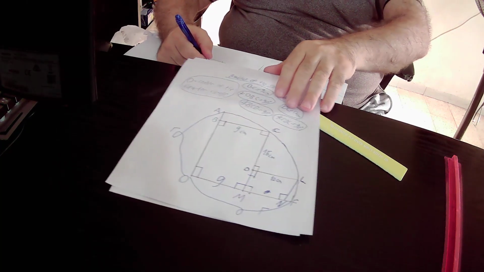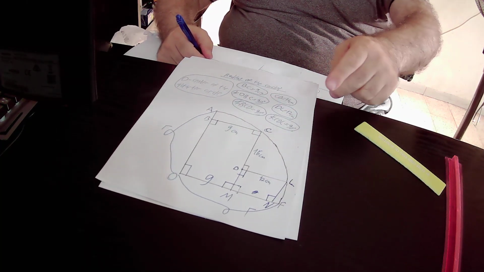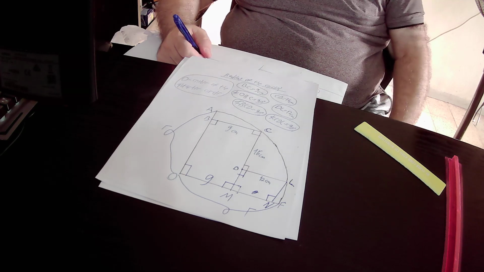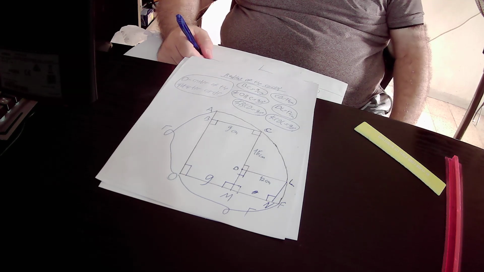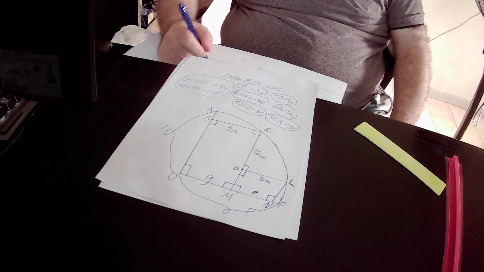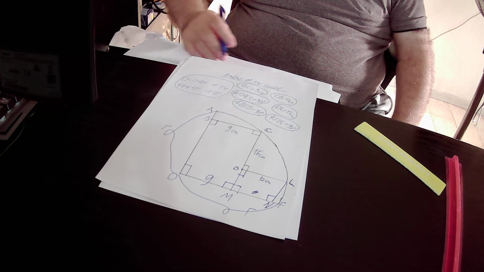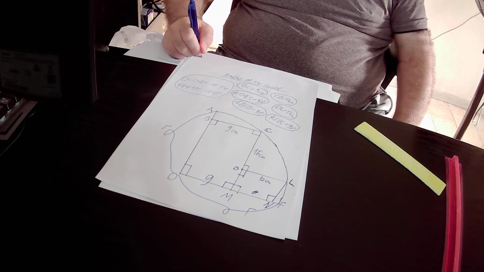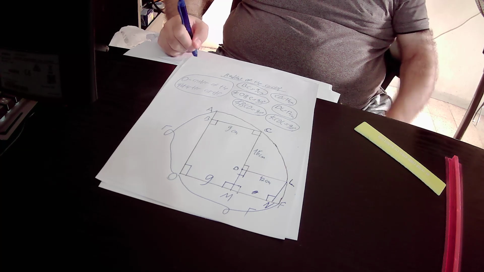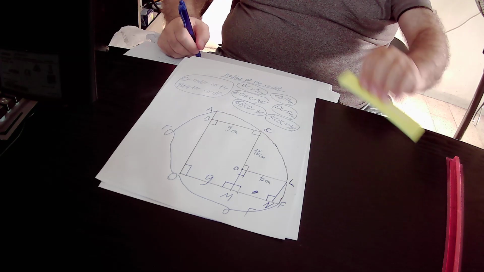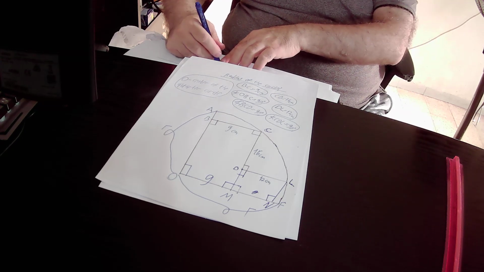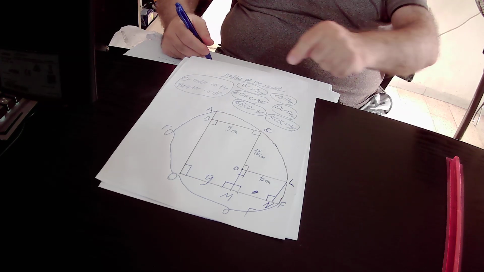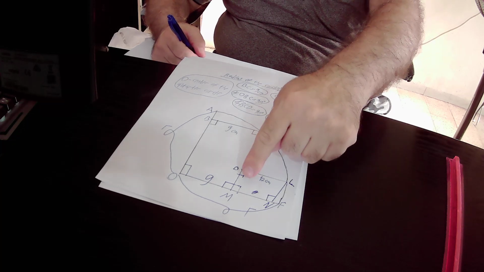Okay, so by drawing the perpendicular from point L, we created the quadrilateral DLMN, and inside quadrilateral DLMN we have 1, 2, 3 right angles.